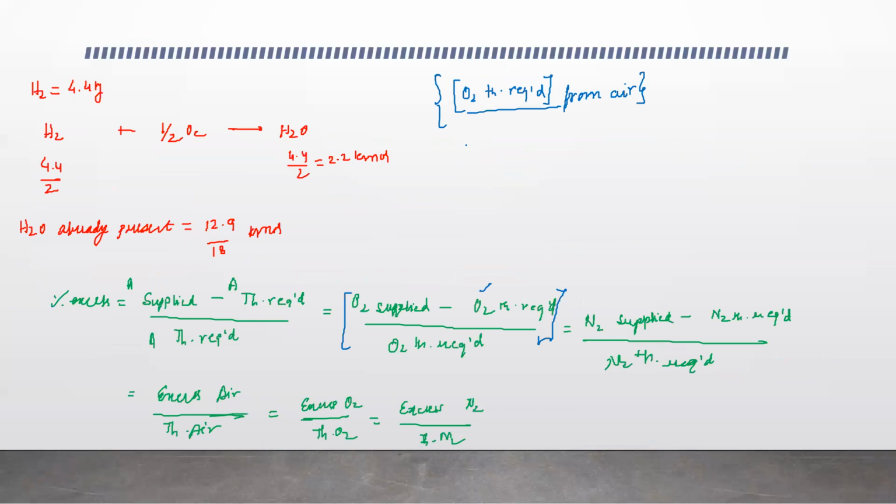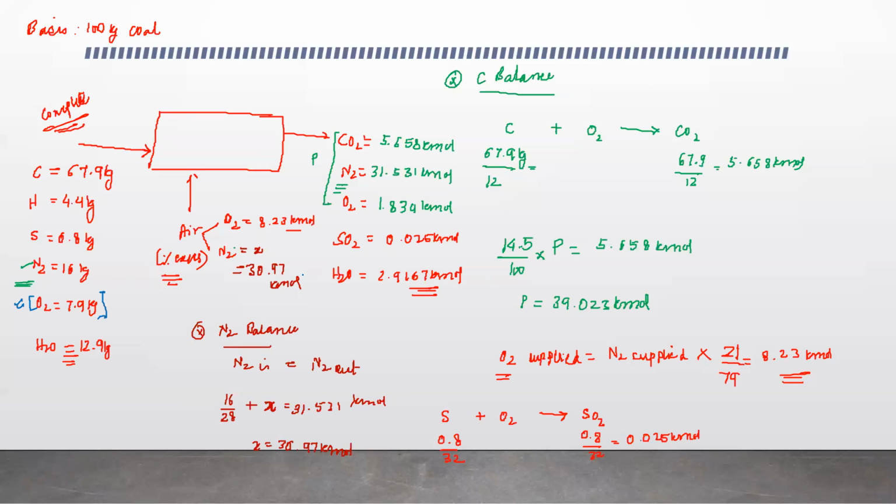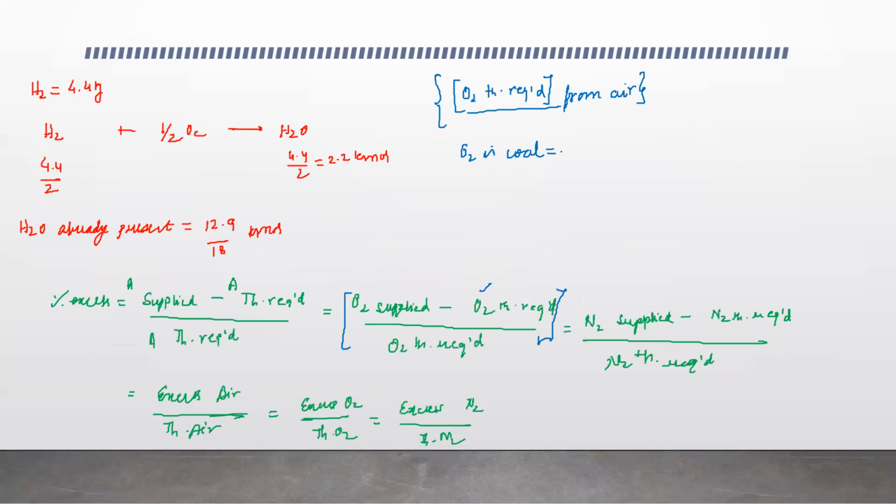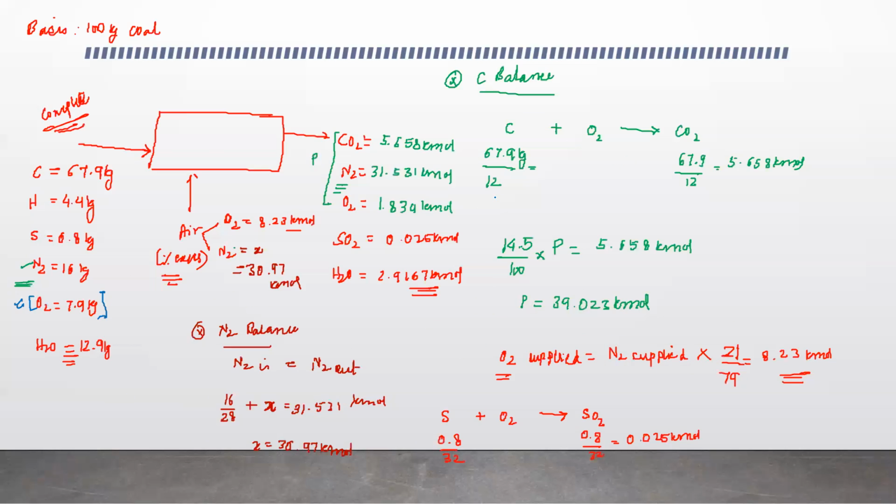So oxygen in the coal is given to be 7.9 kg. So it's 7.9 by 32 kilomoles. This is already in the coal. Then we need to calculate how much is theoretically required in the reactions.